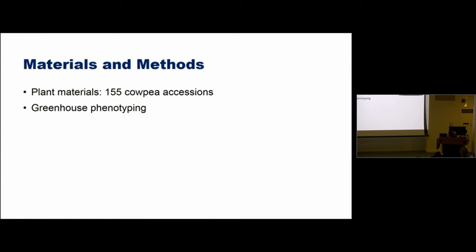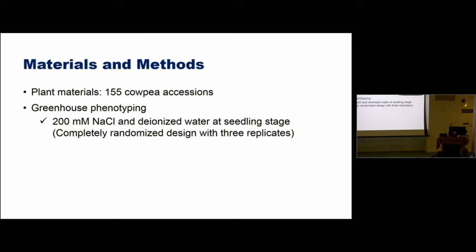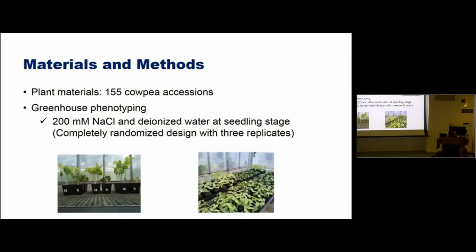We evaluated 155 cowpea accessions. 130 accessions come from the USDA germplasm, and 30 genotypes were from our breeding program in Arkansas. And we did some greenhouse evaluation by irrigating cowpea with either salt solution or deionized water.